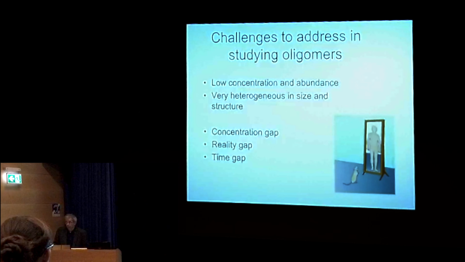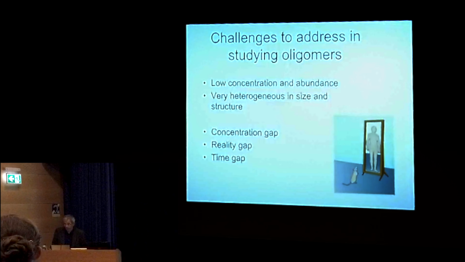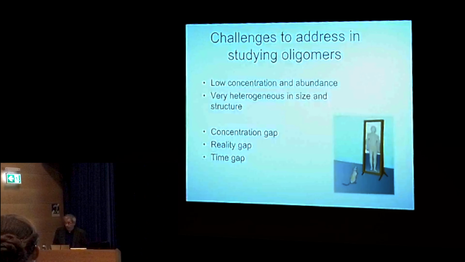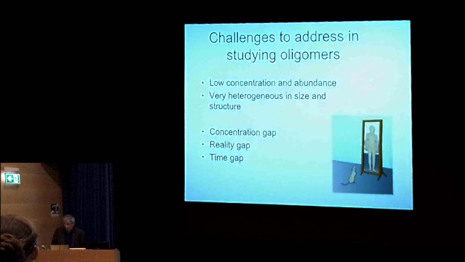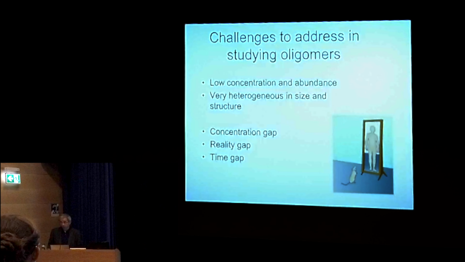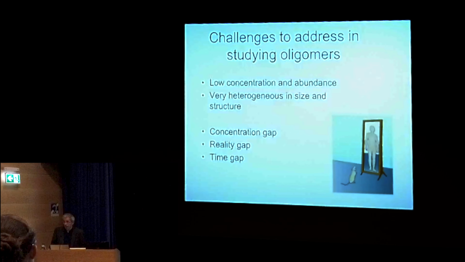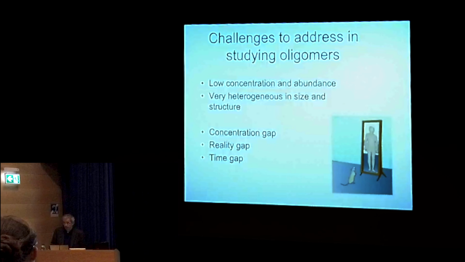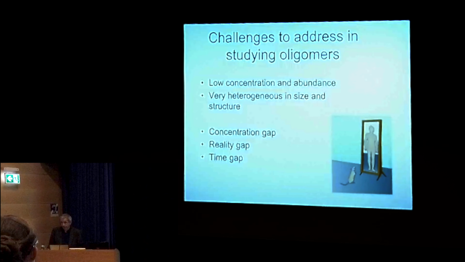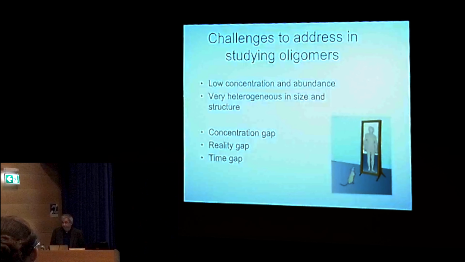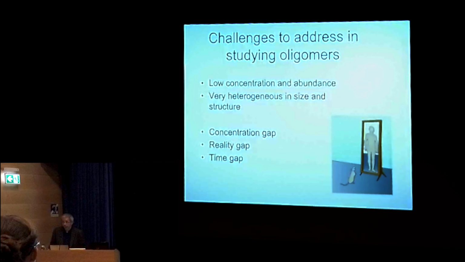So we have to bridge a concentration gap. We tend to do experiments at micromolar concentrations in the lab, and physiologically it's picomolar concentrations. There's a reality gap. We tend to use pure beta amyloid that we buy from Sigma, and actually it gets post-translationally modified in the brain. It gets truncated and chemical groups get added. So we really want to study the real aggregates.